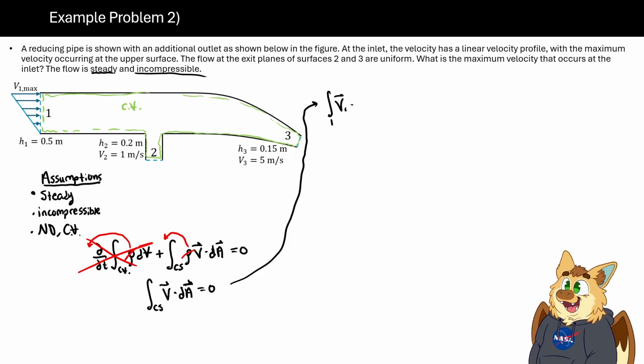So it will be the integral of v1 dot dA1 plus the integral of v2 dot dA2 plus the integral of v3 dot dA3 equals 0. Perfect. And then from here, we just evaluate all these integrals individually based on what the problem has given us. Obviously the most challenging one with the new concept will be our non-uniform velocity, so let's start with that one just to knock it out of the way.